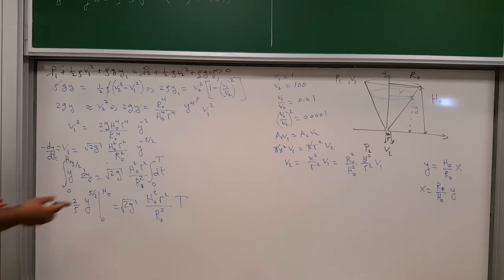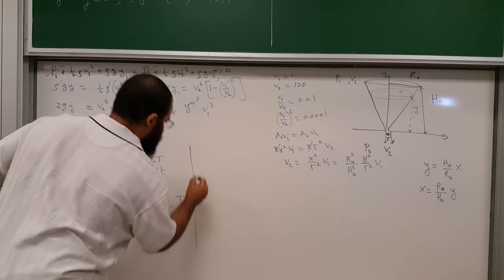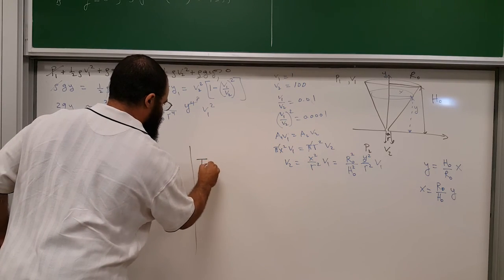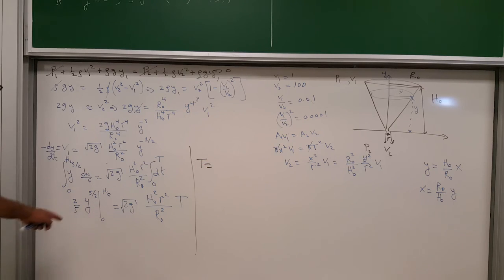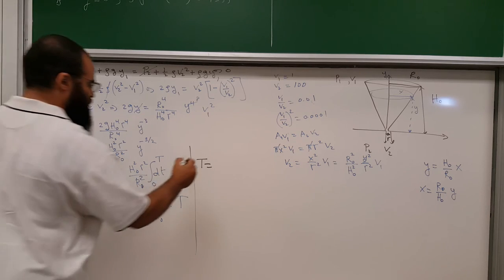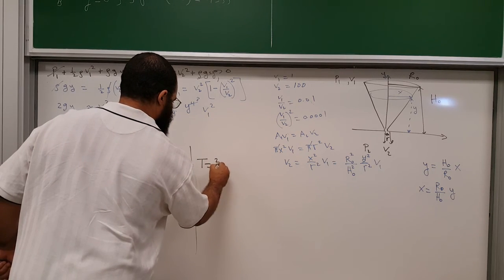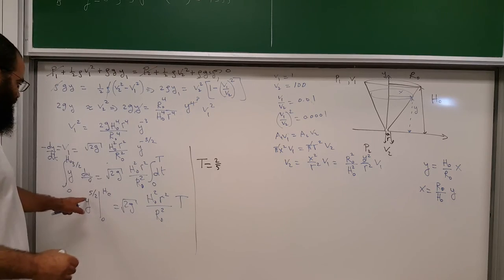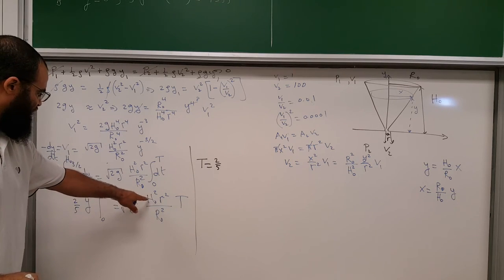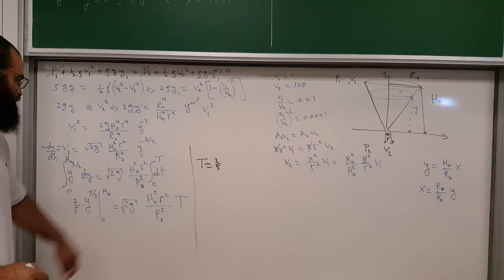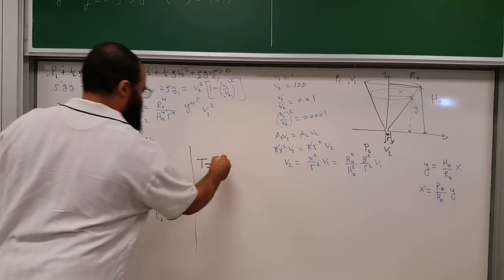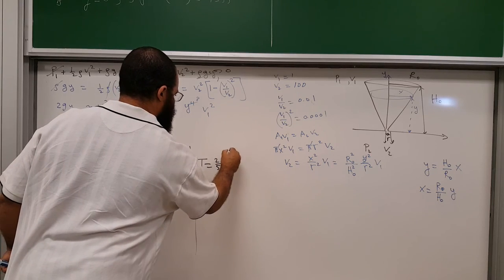And so now we can solve for T. So the time it takes to drain it is capital T equal to this evaluated between 0 and h0, which would be h0 to the 5 halves. So it would be 2/5 h0 to the 5 halves, and when you divide by h0 squared here, it just becomes h0 to the 1/2.